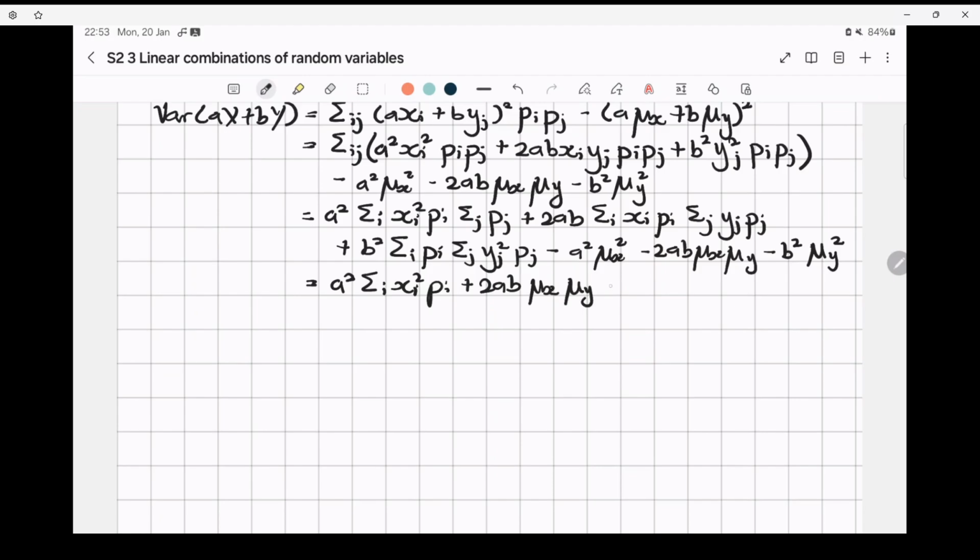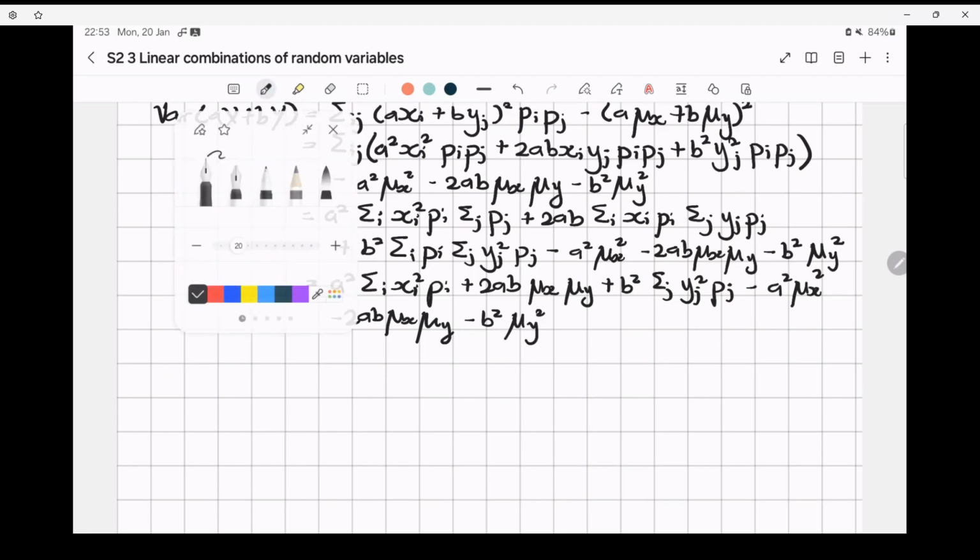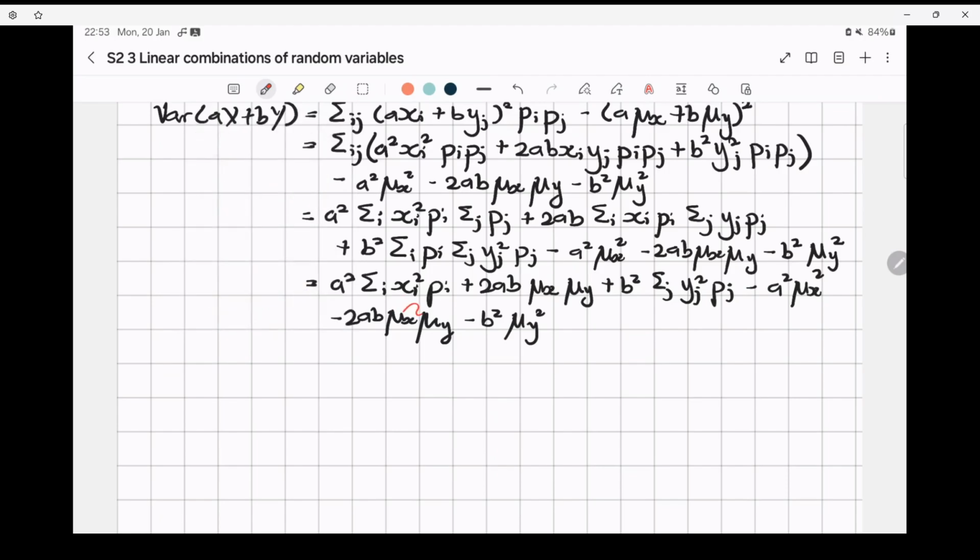Then you have plus b squared. The sum of all pi will be 1, so you have sum of j yj squared pj, minus a squared mu x squared, minus 2ab mu x mu y, minus b squared mu y squared. There's only one term that you can cancel off, it's the 2ab one.